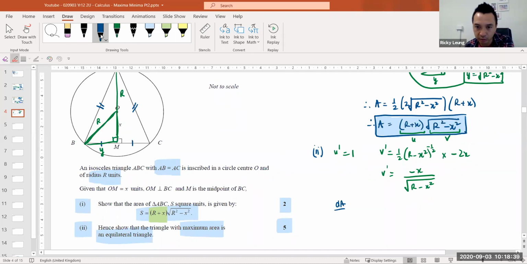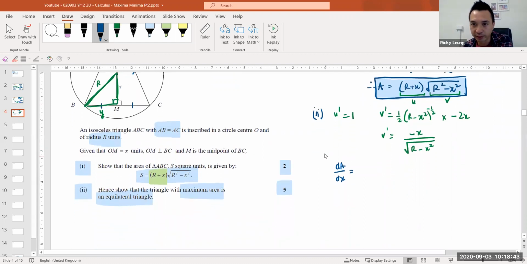Which then means that dA/dx is going to be u dash times v, so square root times 1, times that guy, plus, in this case, minus x times r plus x all over root. Feels very similar to the last question in terms of structure.